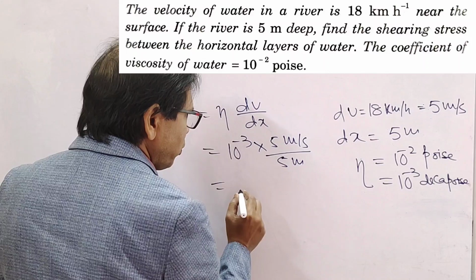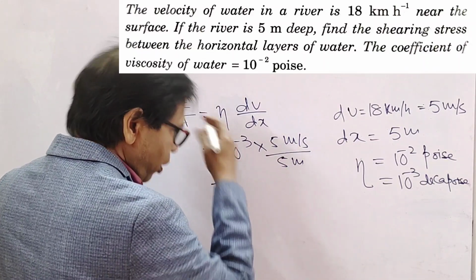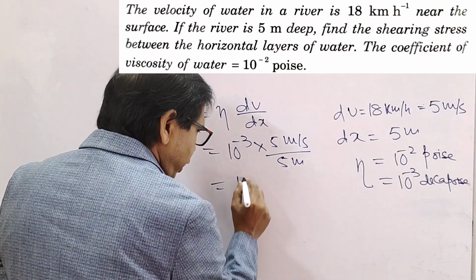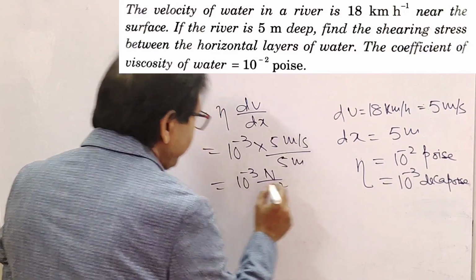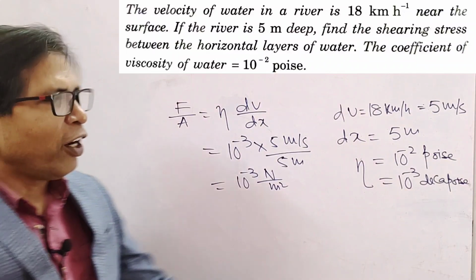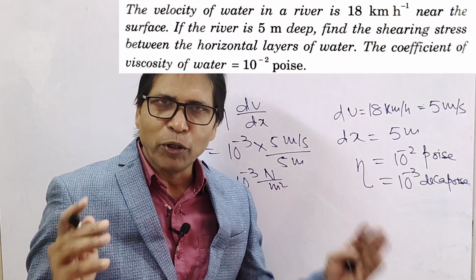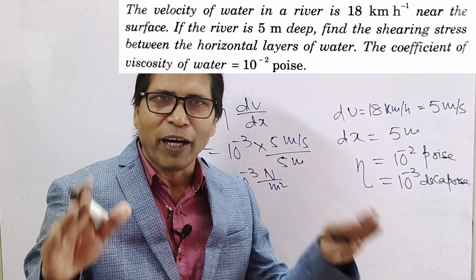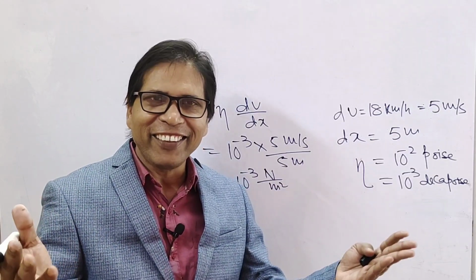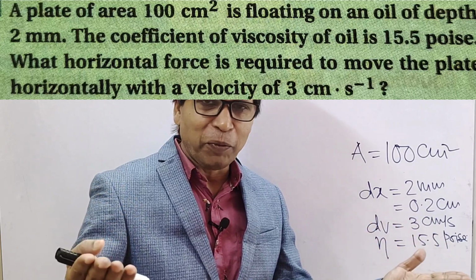Now this becomes 10 to the power minus 3 Newton per meter square, which is the tangential stress or shearing stress produced on the surface of water. Okay, understood? Next, now next numerical.